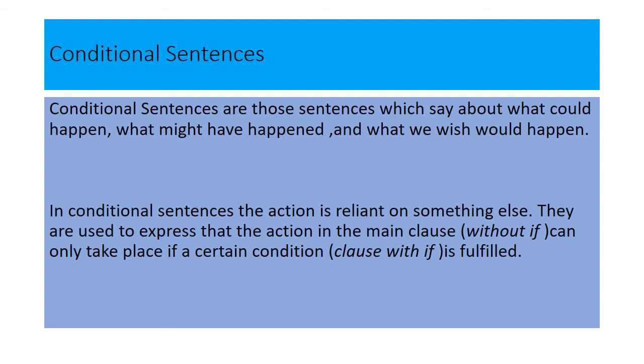That means conditional sentences say something about a situation which is least possible or almost impossible to happen. In conditional sentences, the action is reliant on something else. They are used to express that the action in the main clause, that is the clause without if, can only take place if a certain condition, the clause with if, is fulfilled.